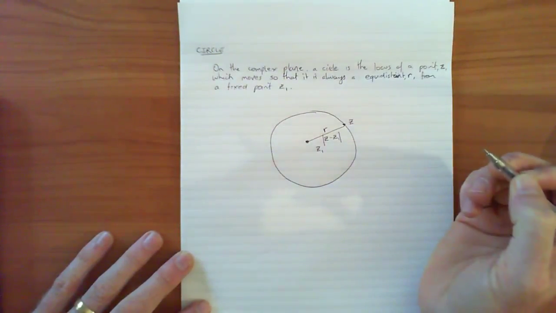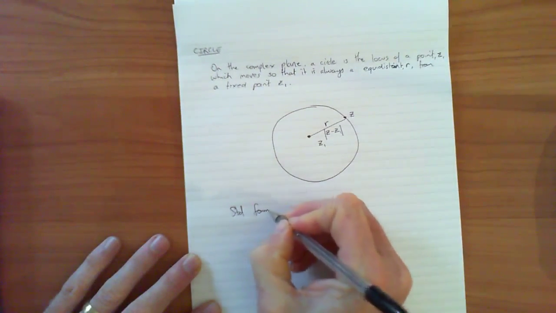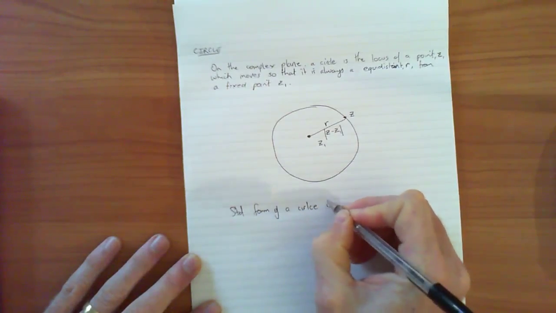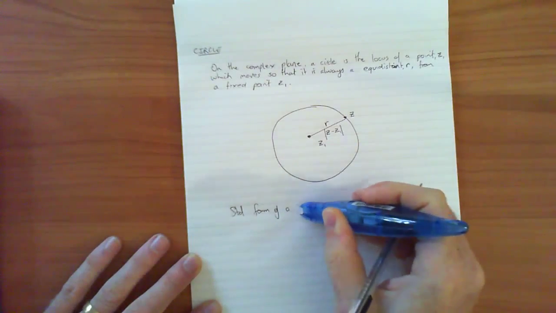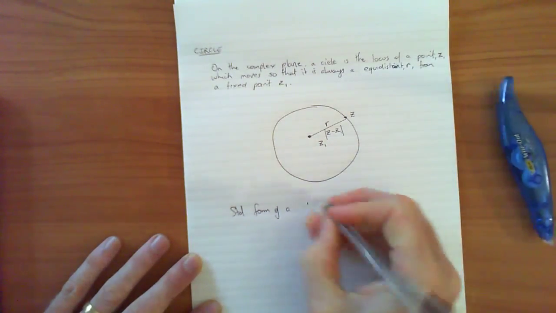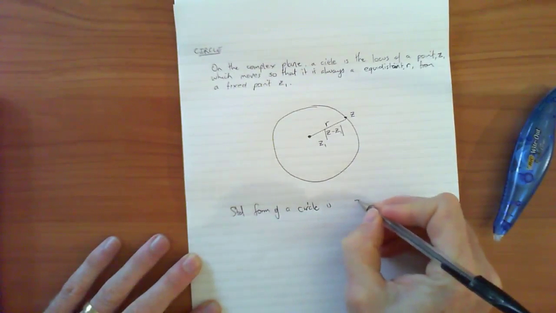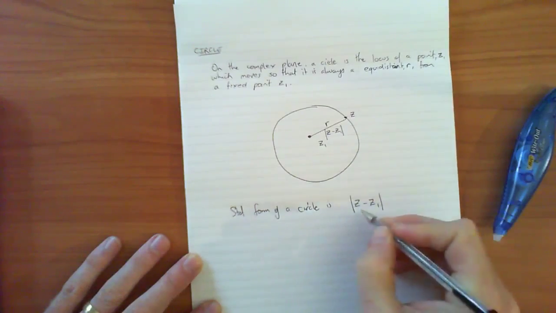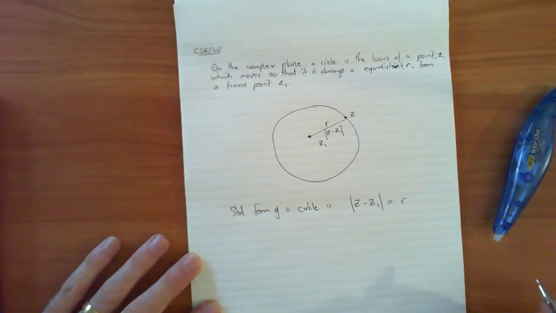So the standard form of a circle is the magnitude of Z minus Z1; in other words, this distance is always equal to a constant r.